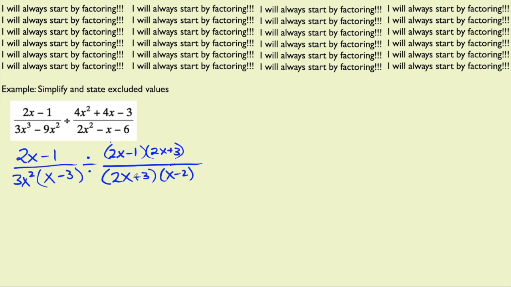What values can't we have? We can't have any of these equal 0, so I'm going to do my excluded values right away. So x can't equal 0, right? That comes from the 3x squared. X can't equal 3. X can't equal negative 3 halves.